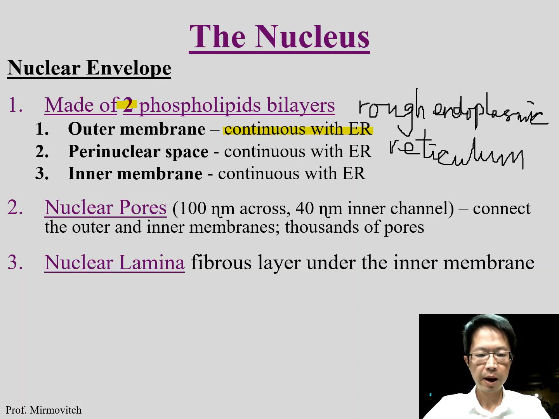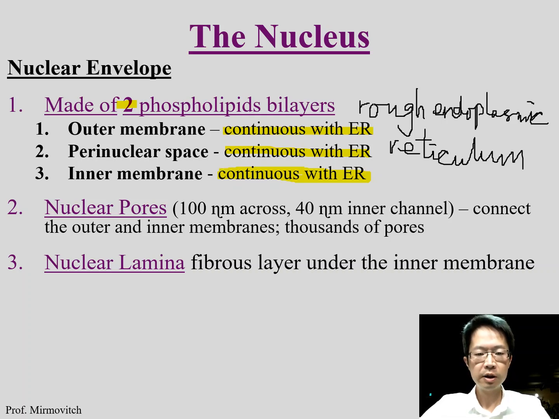The perinuclear space is also continuous. Basically, all of them are continuous with the rough ER. You can just assume that the entire nuclear membrane is continuous with the rough ER. When we talk about rough ER, I'll tell you why.